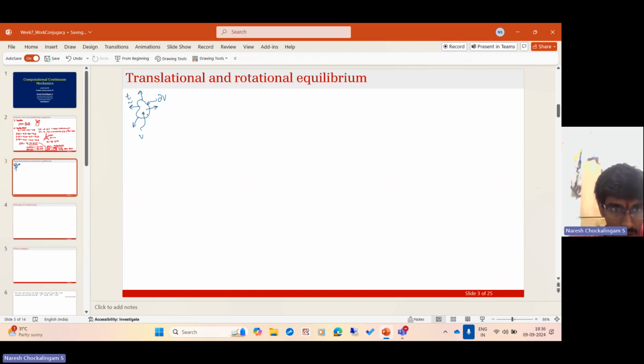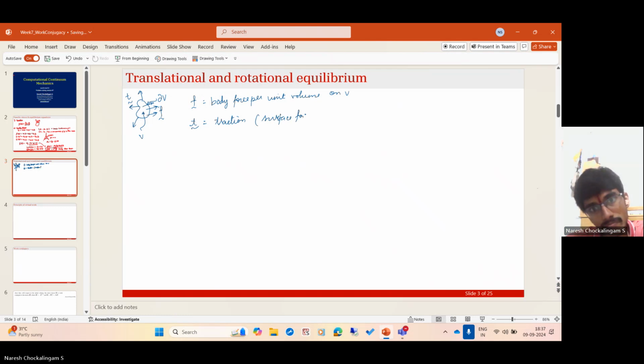And on the volume, we have body forces, F. So this F is nothing but body force per unit volume, and T is the traction, which is basically surface forces per unit area.